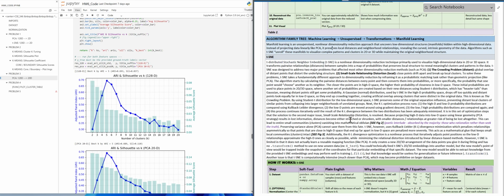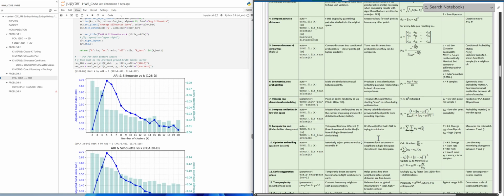In low dimensional space, it uses a Student t-distribution, which is different than Gaussian and allows distant points to still get some probability. It uses the Kullback-Leibler cost function to penalize distances that were close in the high D but end up not close in the low D, and then iteratively updates those until the difference between the high D and the low D is minimized.